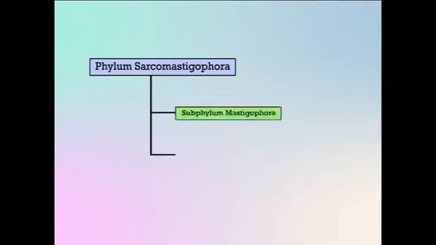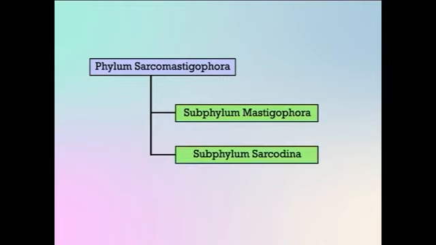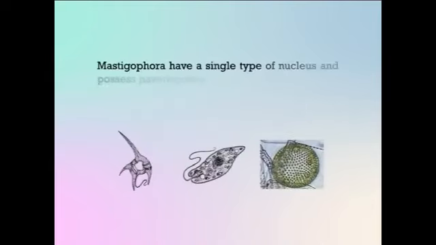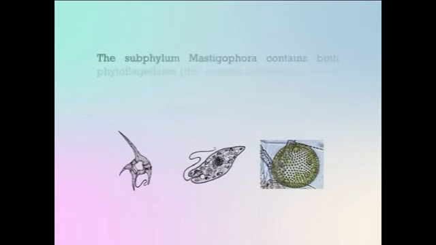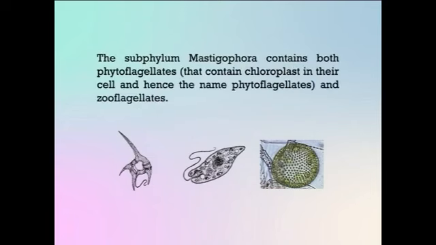Now we'll see the phylum Sarcomastigophora. In the phylum Sarcomastigophora, there are two subphyla, that is, subphylum Mastigophora and subphylum Sarcodina. These Sarcomastigophora have a single type of nucleus and possess flagella or pseudopodia. The subphylum Mastigophora contains both phytoflagellates, which contain chloroplasts in their cells and hence the name, and the zooflagellates.